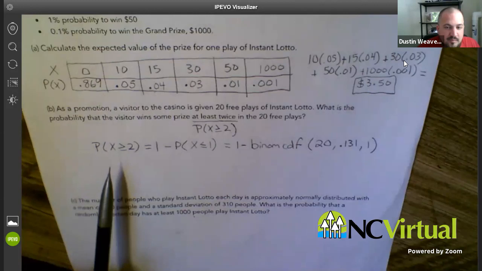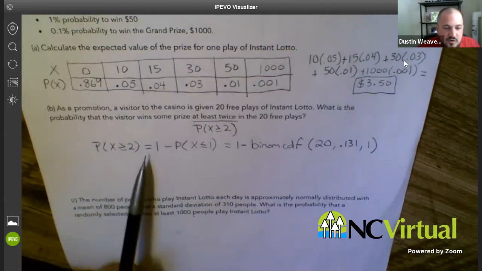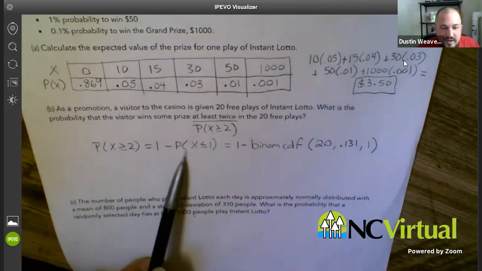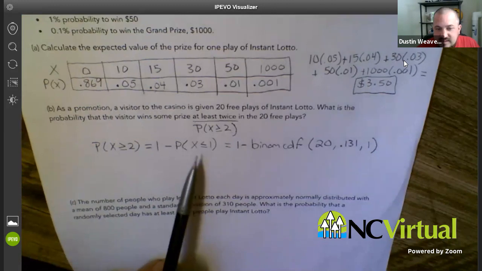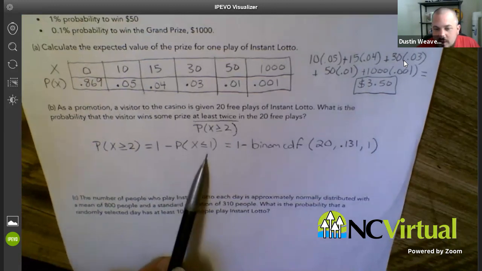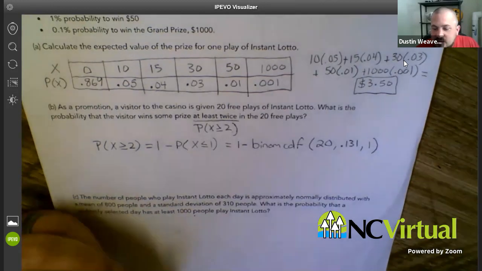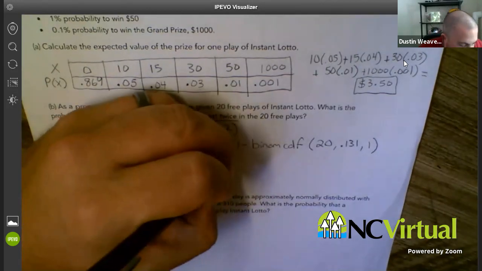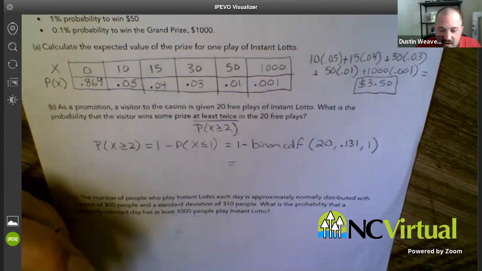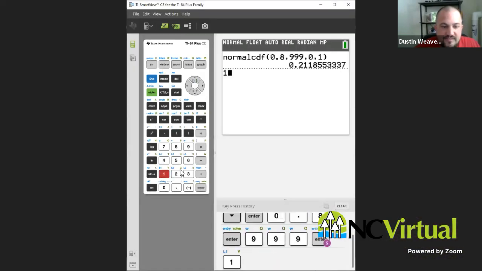So if you want to know the probability that they win at least 2, you do 1 minus the probability they win up to 1. That means the chance that they win no prizes or one prize. You get rid of that, and what you're left with is the probability that they win 2 or more. So we go to our calculator, to binomial CDF.